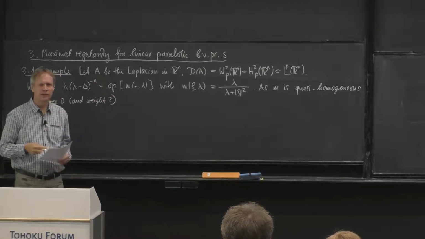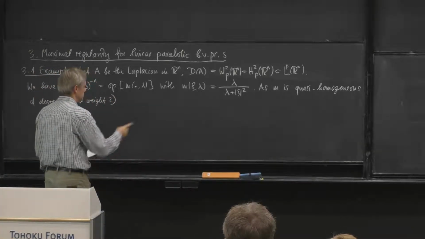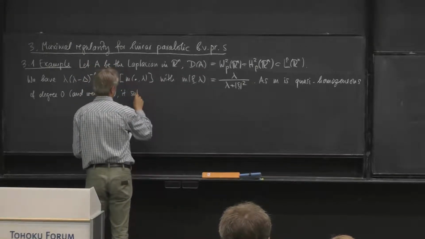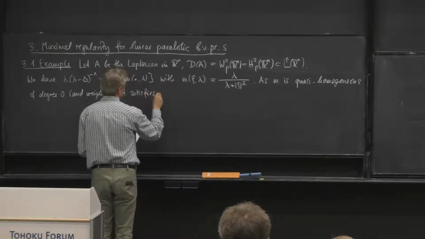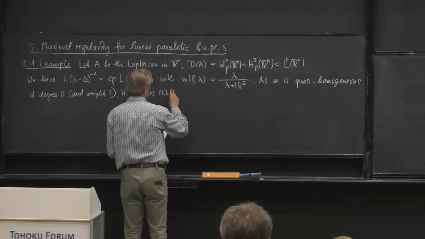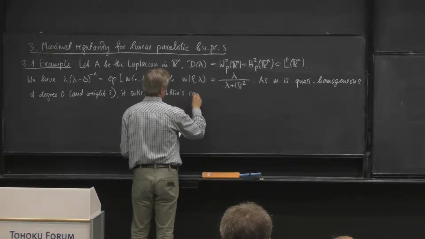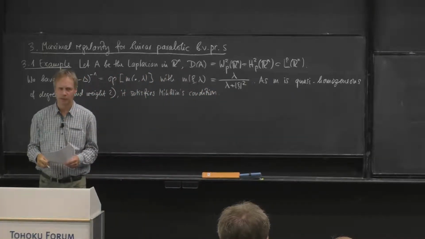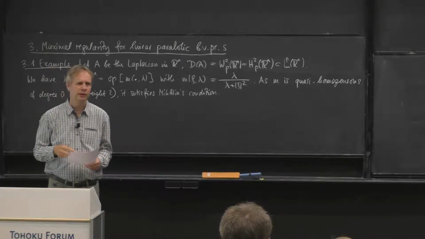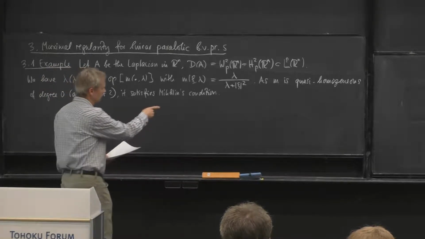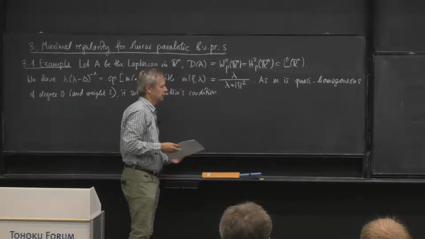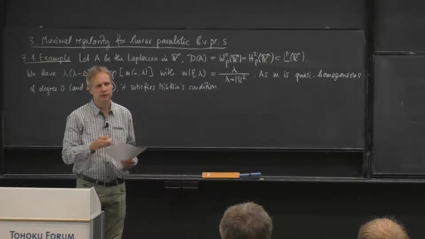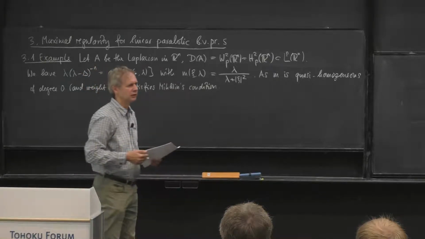This symbol satisfies the Mikhlin conditions, also at infinity, of course. Now we can apply the theorem of Mikhlin, but not in the traditional way. This would say this gives a bounded operator in L_p. But in the modern way, this was a theorem by Girardi-Weis, and it tells us this gives us a family of R-bounded operators.